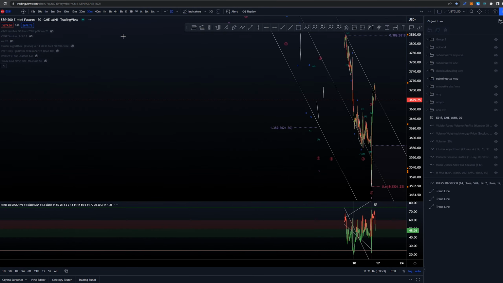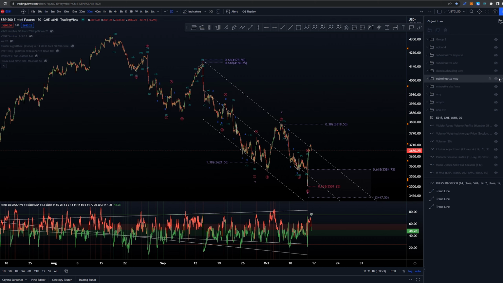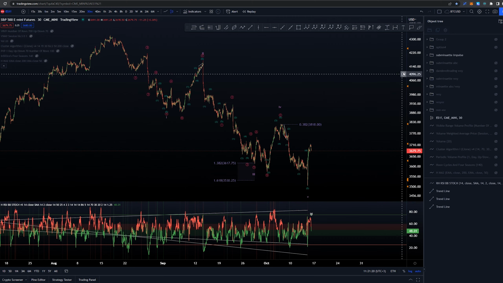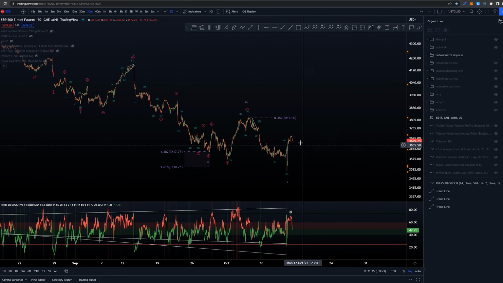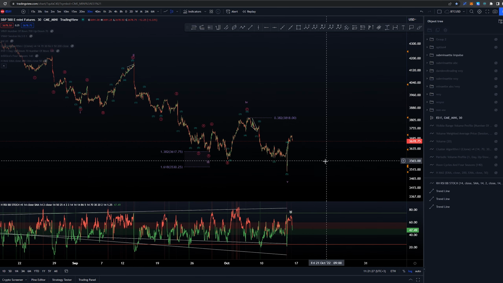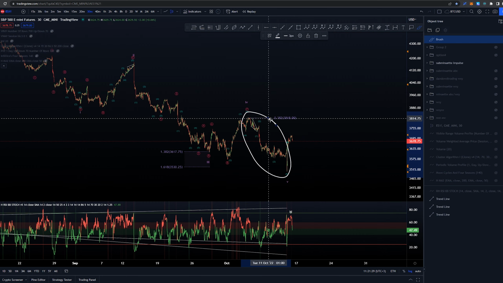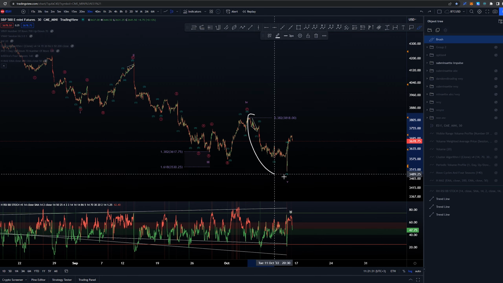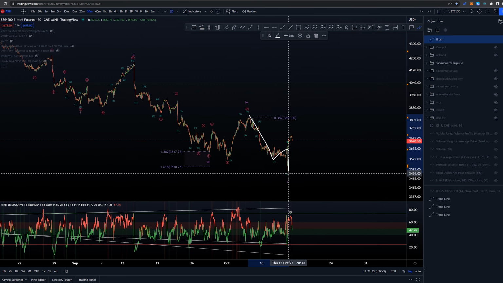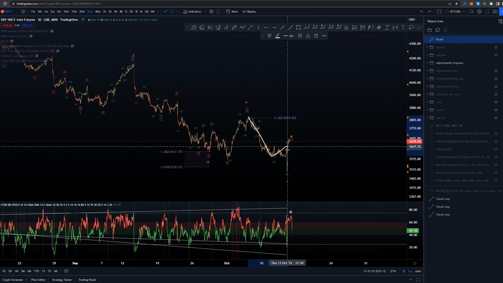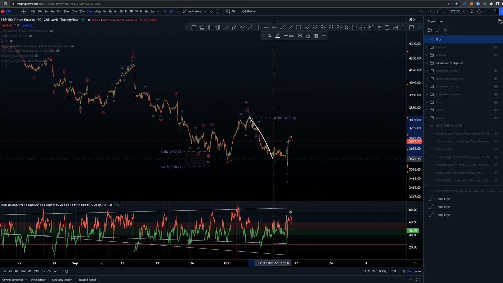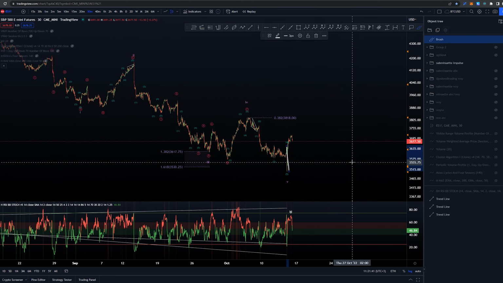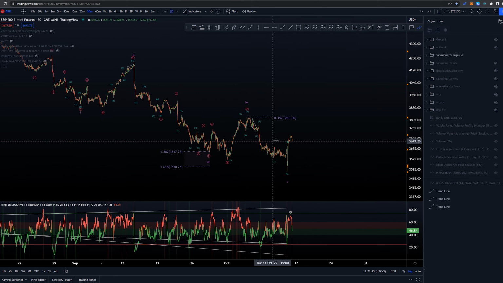getting into the smaller time frame, let's take a look at the other possibility, which is the impulse wave count coming down. Why I want to show you this is because the structure in here fits better on the lower time frames than the ABC that I have, because the ABC did hit the 0.618 extension of this first leg for this third leg, but it doesn't have the right look.